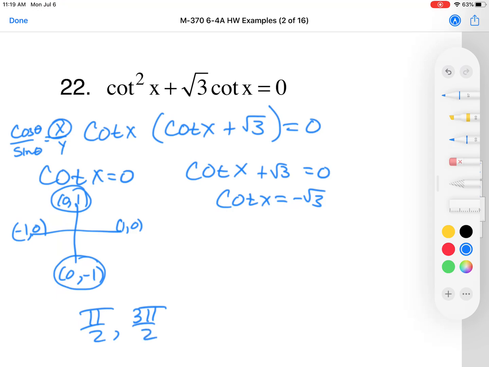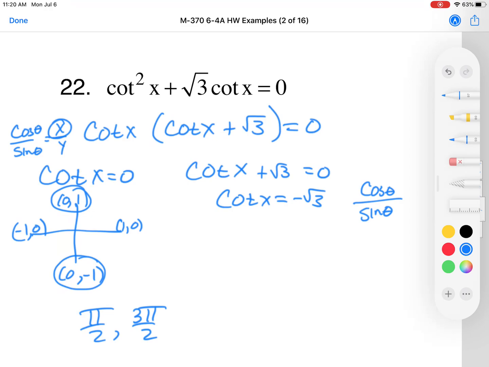Now when I go to answer cotangent x is equal to negative root 3, I'm also remembering that cotangent is cosine over sine. Who's going to give me a root 3?